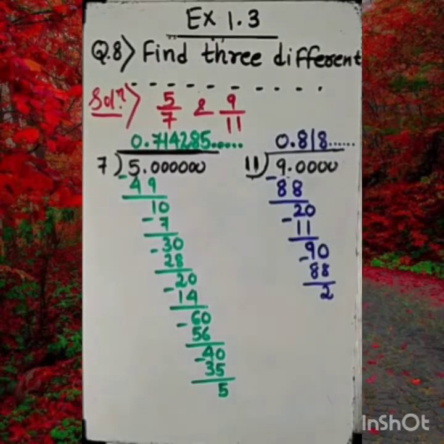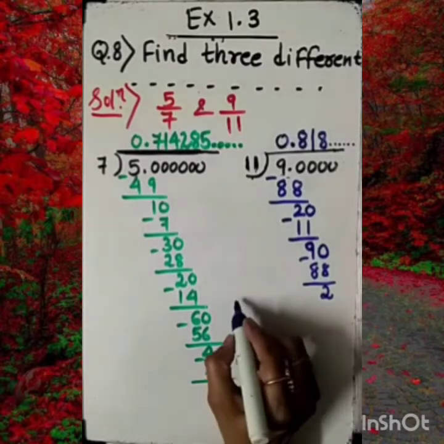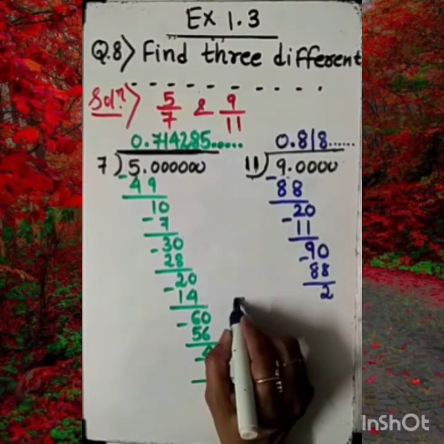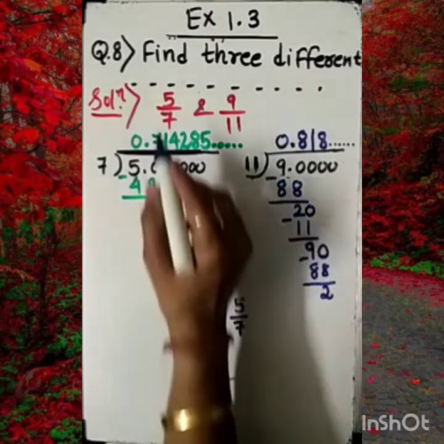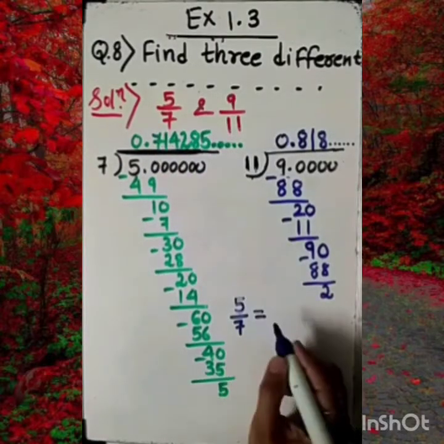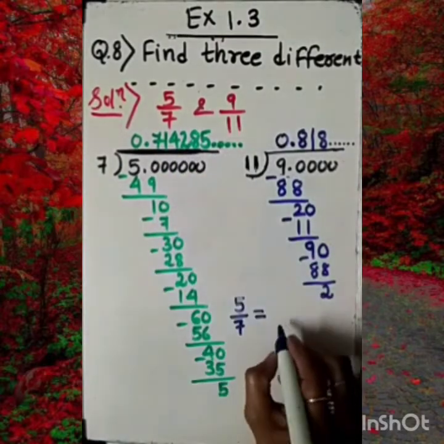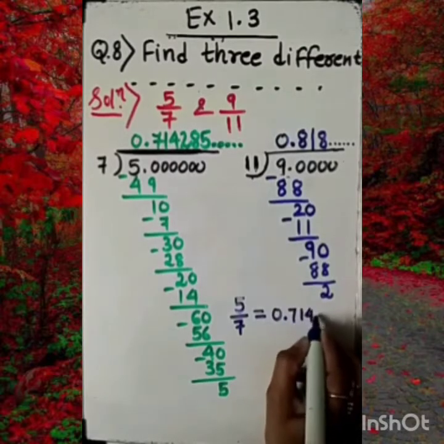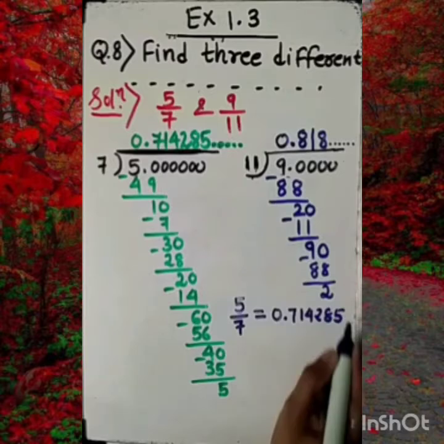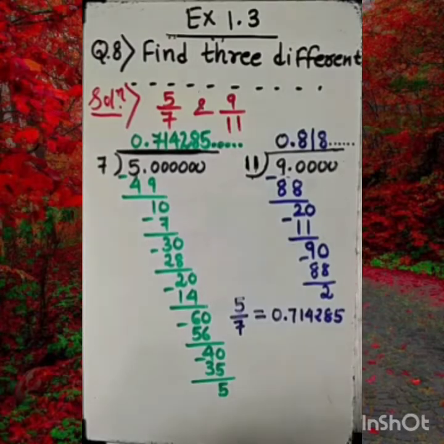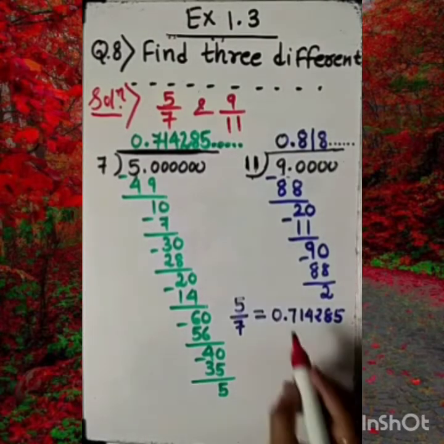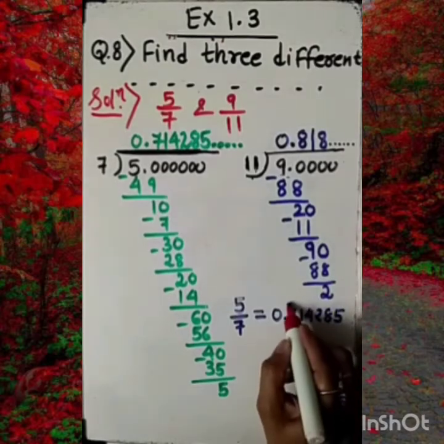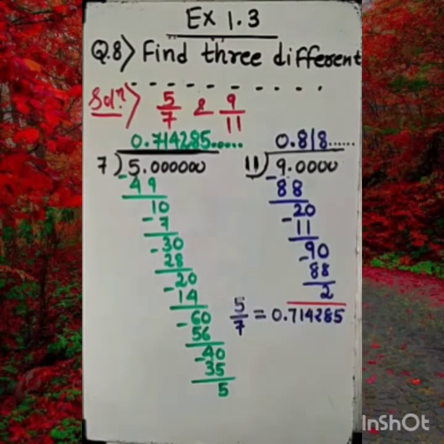So simply, the first was 5/7. Its answer will be 0.714285. Instead of writing dot dot dot, as I know these digits are repeated again, let me put a bar on it.